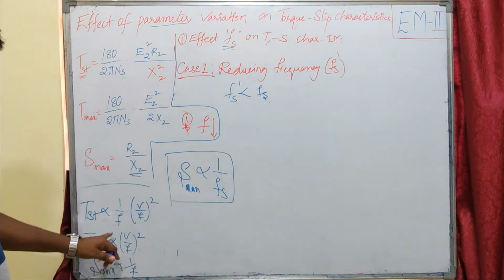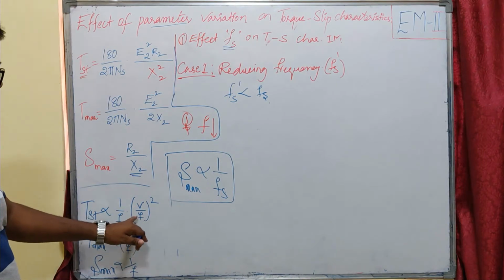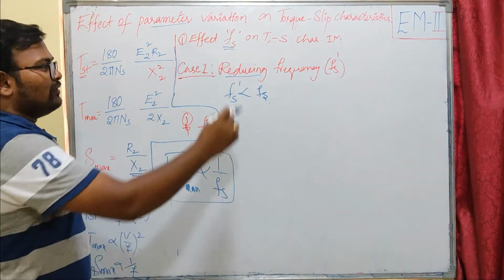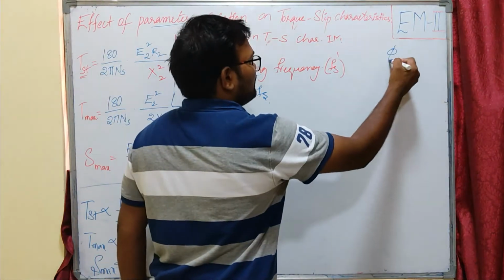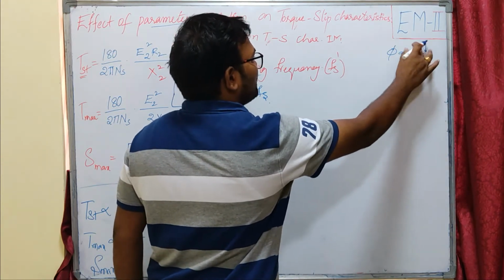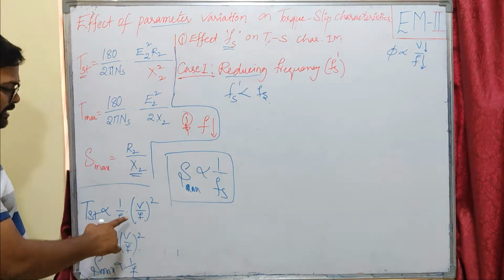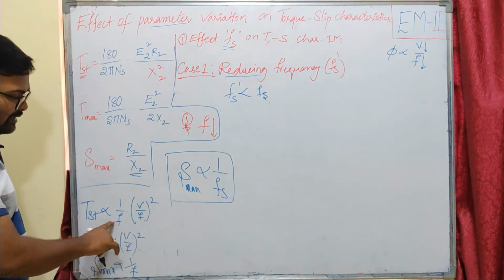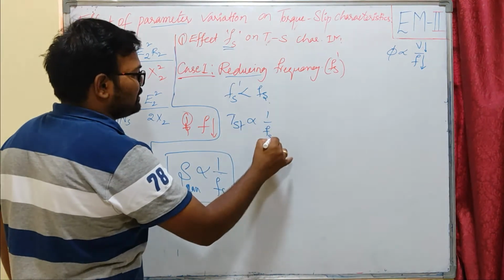If you reduce the frequency, you have to change the supply voltage such that the V by F ratio is constant. Because I am reducing the frequency, V should also be reduced, because flux is proportional to V by F. That means our TST will be proportional to only 1 by Fs dash here.